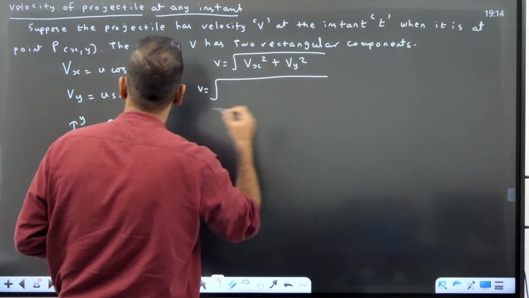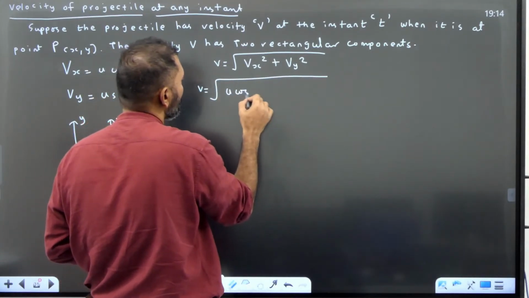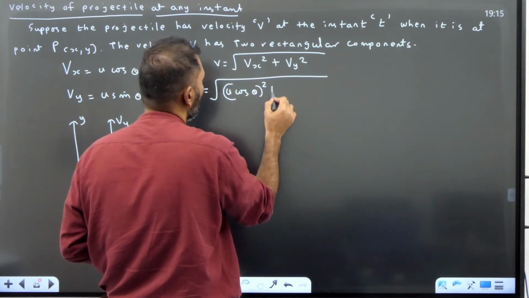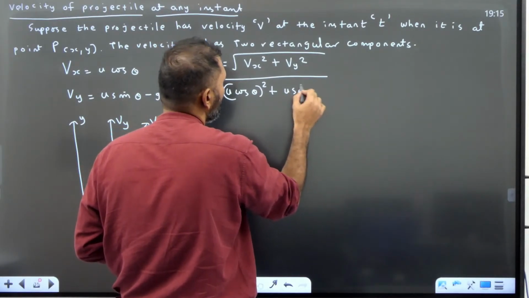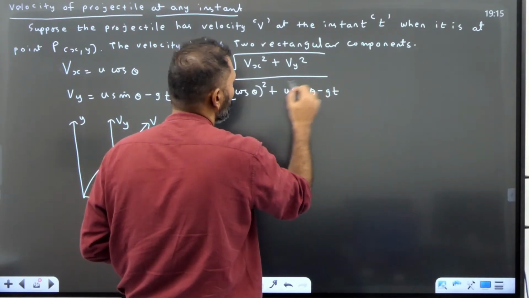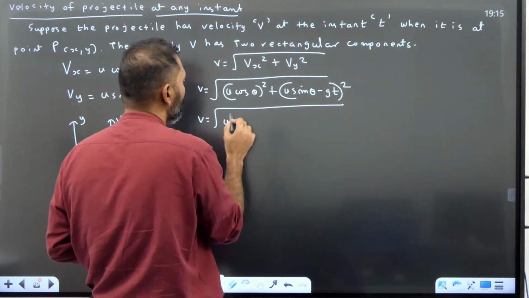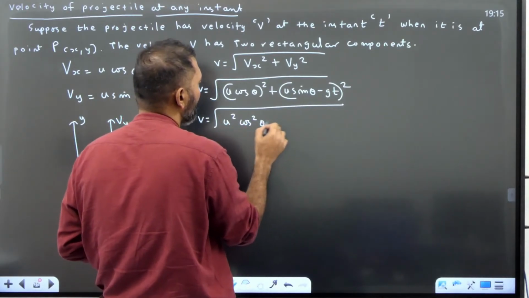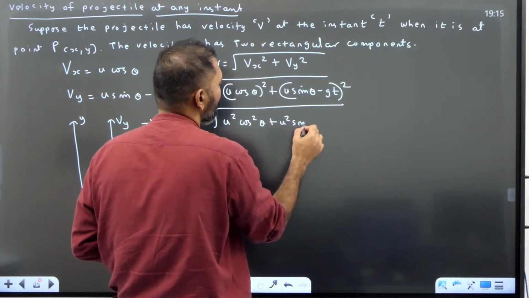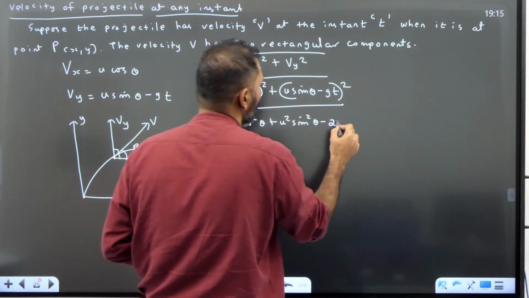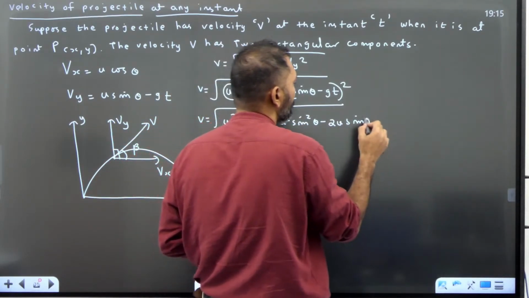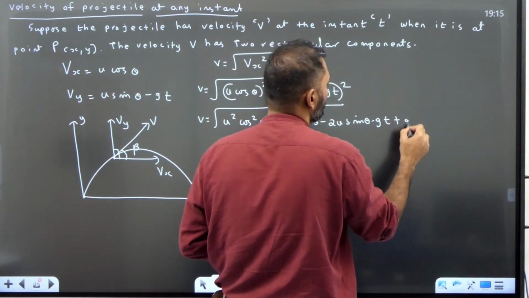V equal to root of, what is vx, u cos theta the whole square, plus what is vy, u sin theta minus gt the whole square. So v is equal to root of u square cos square theta plus u square sin square theta minus 2u sin theta gt plus g square t square.